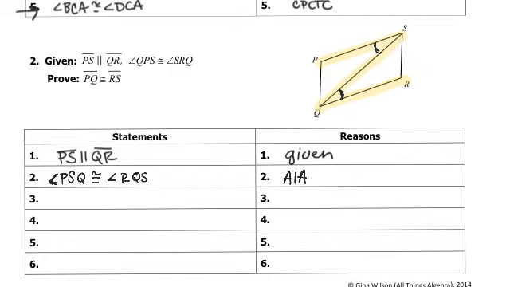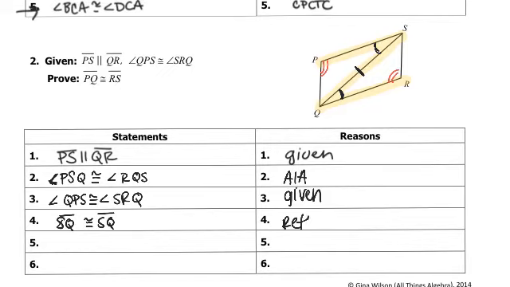Now we can do our other given. Angle QPS is congruent to angle SRQ. So we have two things marked. We have no more givens, but we do have reflexive property. So we can say SQ is congruent to SQ by reflexive.